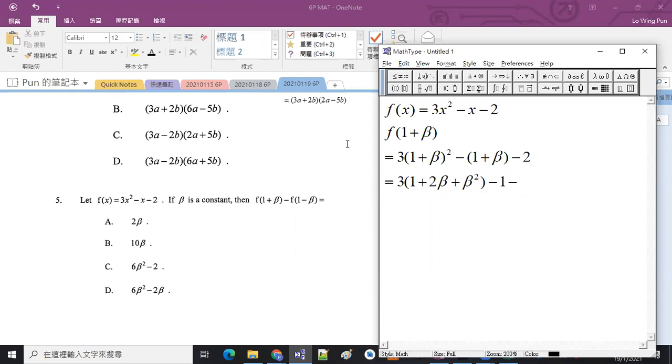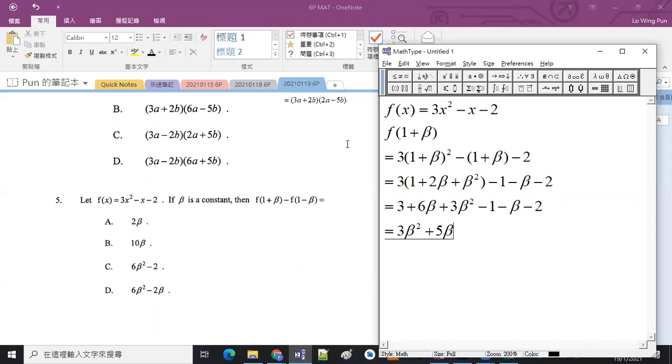Okay, minus 1 minus beta minus 2. Okay, and then we have 3 plus 6 beta plus 3 beta square minus 1 minus beta minus 2. 跟住 calculate like terms. Okay, so we have 3 beta square plus 6 beta minus 1 beta becomes plus 5 beta. 3 minus 1 minus 2 cancelled.